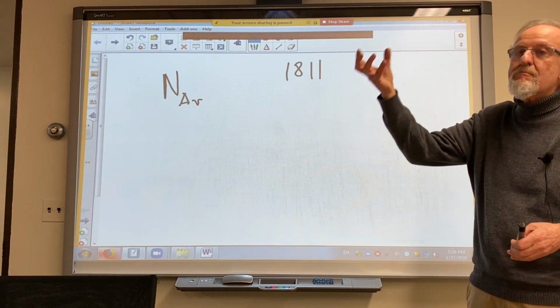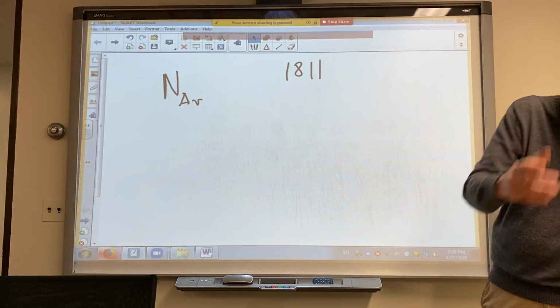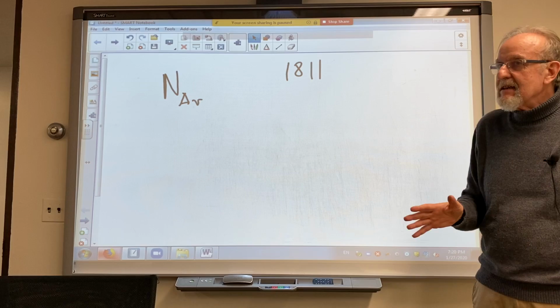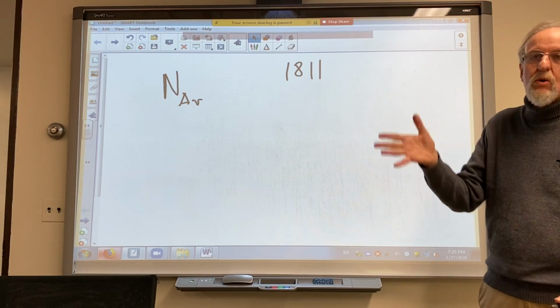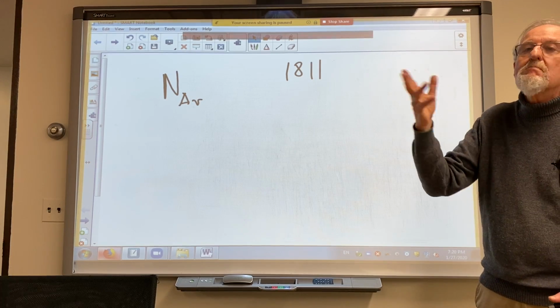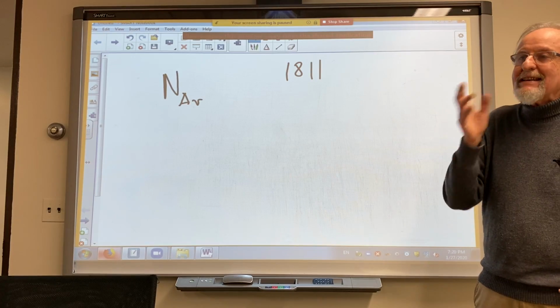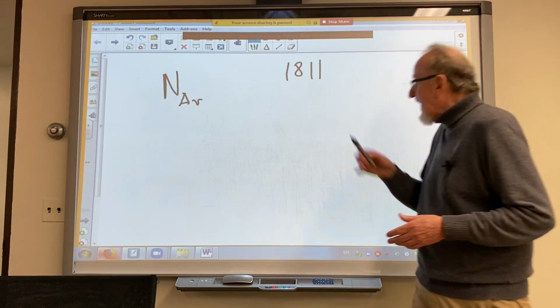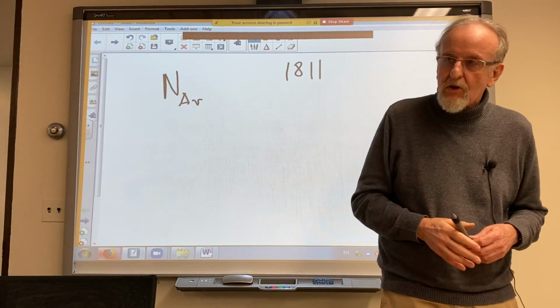So there was a number that told you how much matter was there. Remember, this is a century before anyone had any idea of atoms, so he couldn't know how many. He said there are many. He believed firmly that there were atoms around, but he couldn't have an idea. So Avogadro never had even a clue of what Avogadro's number was.